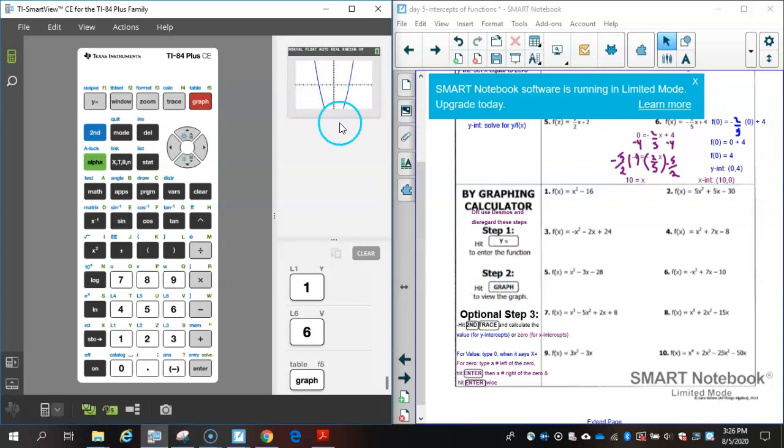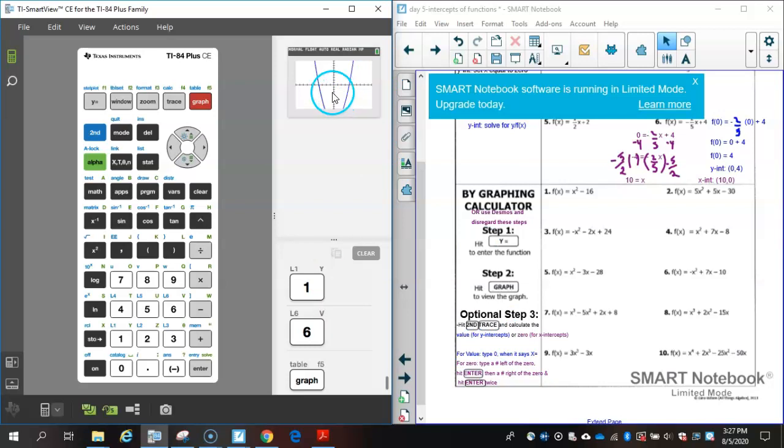Now, here is kind of where this optional step 3 comes in. Here I can see that my x-intercepts are here and here at 4 and -4. If you can see your x-intercept and your y-intercept very clearly, you don't have to do any of the optional step 3. If you can't quite see the exact value, this is where this comes into play.